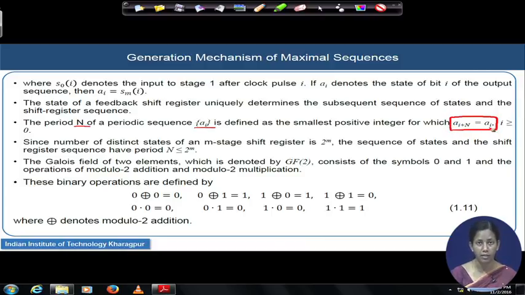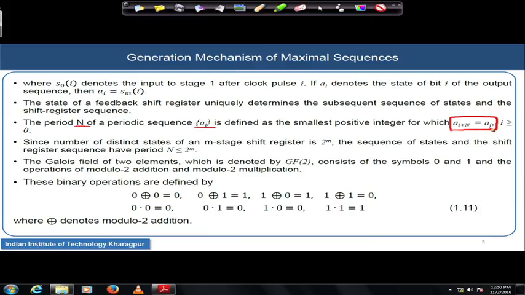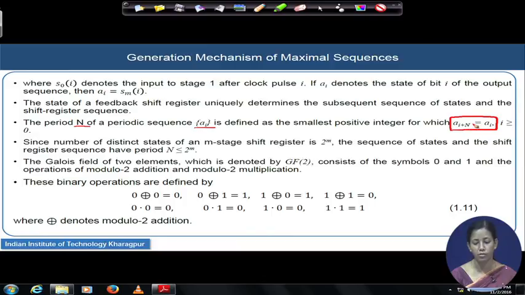We have seen in the last table that for a 3 stage linear feedback shift register, after the 7th clock pulse the value has been repeated in all the stages. So, the period is the smallest positive integer for which the AI plus Nth value repeats AI's value. Now, if there are m stages involved, remember, as we have already discussed, the period can never be greater than 2 to the power m; it should always be less than or equal to 2 to the power m.